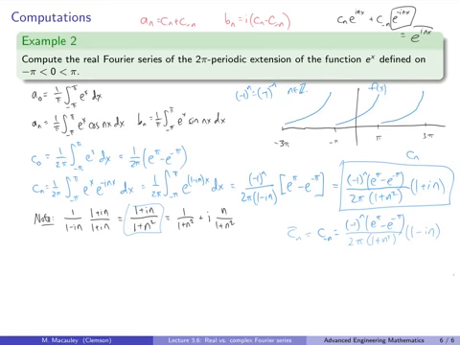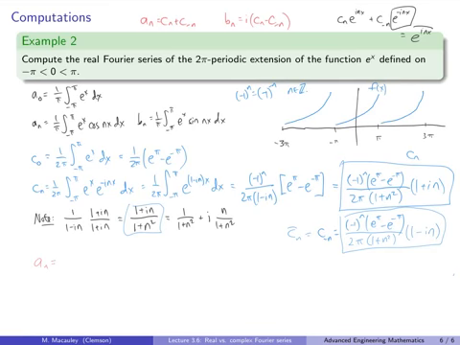Okay, so now what do we get? Let's write down an. An is just these two things added up. So what happens? Well, the imaginary parts cancel because we have a plus and a minus. And then these things double up, so we can get rid of that too.